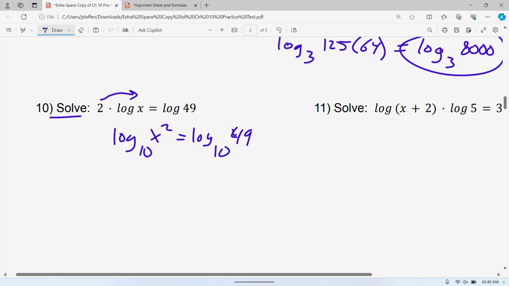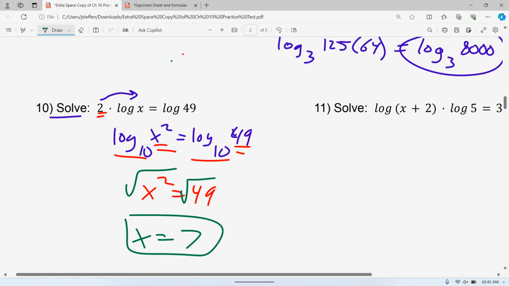You have the log simplified, where there's only 1 on both sides. You don't have to be multiplying in front or anything, so it's as simplified as I can get. Since they're the same base, now we can forget about those and just set the x squared equal to 49. Remember, if you put plus or minus 7, you can, that's fine, but technically it's not -7, it's just a positive.